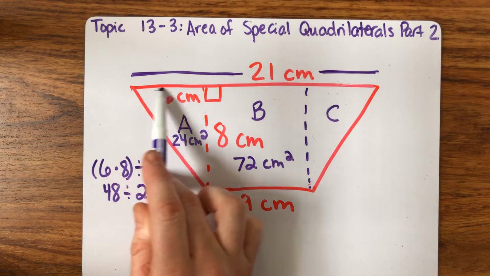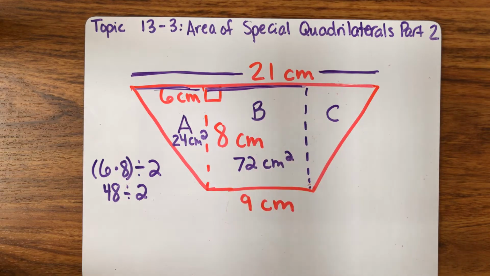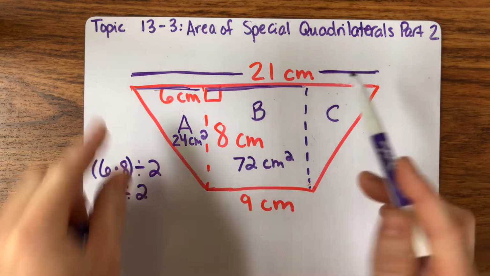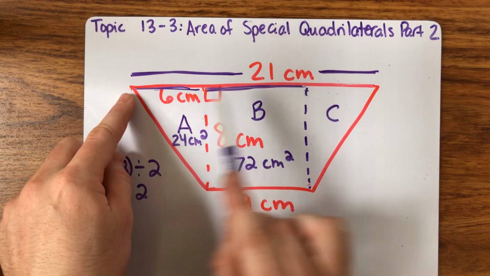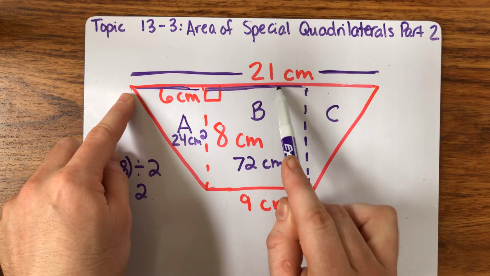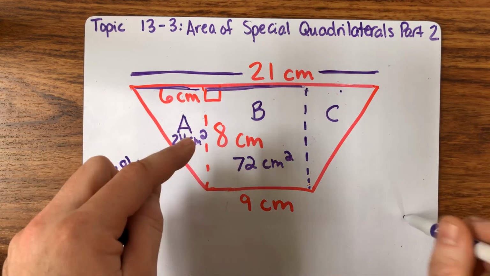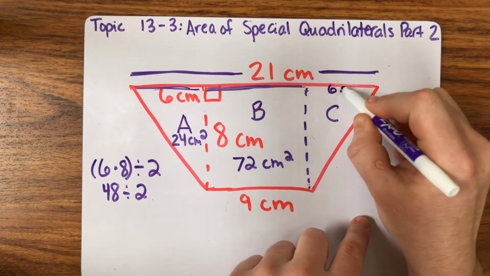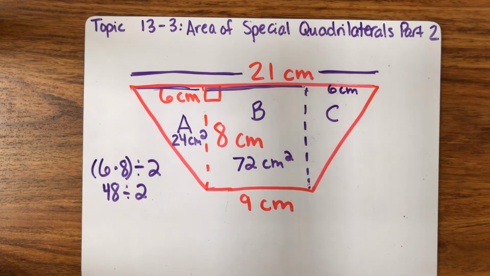So 6 plus 9, that gives me 15 for this whole section here. And if we want the whole thing to be 21, well, 15 plus 6 gives me 21. So that's how I know that that's 6 centimeters. I did some addition and some subtraction.